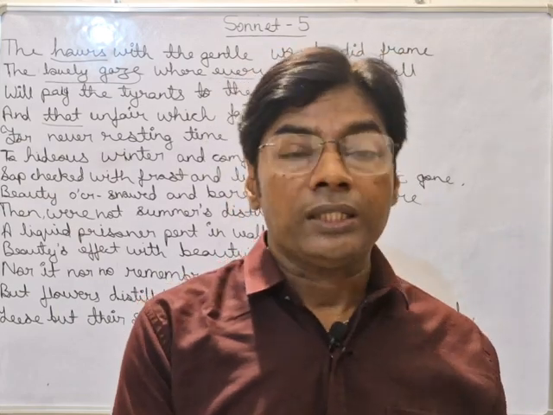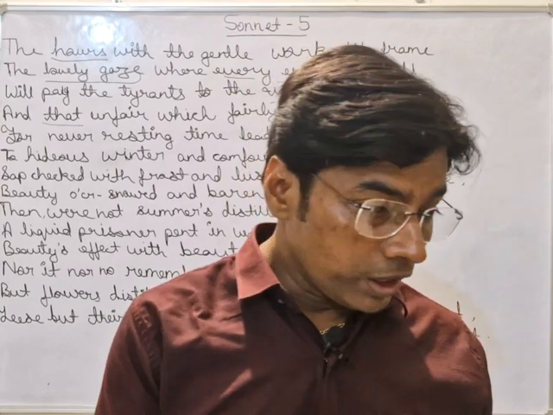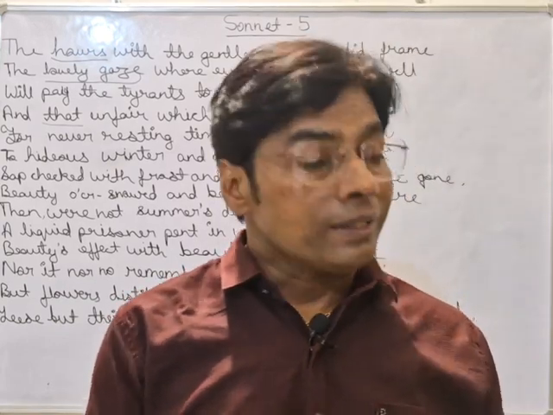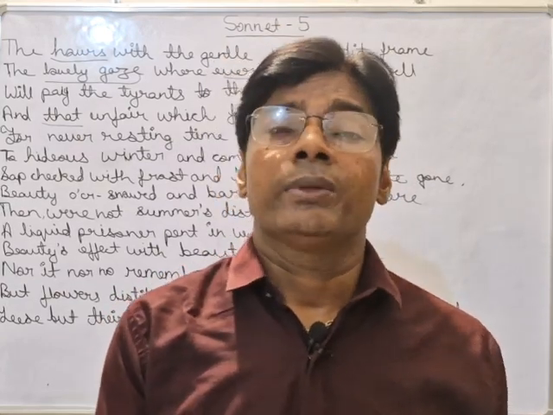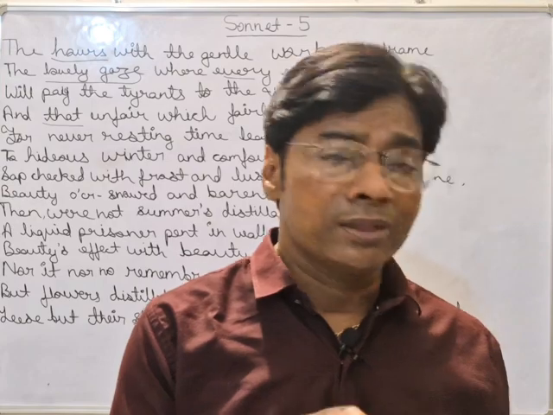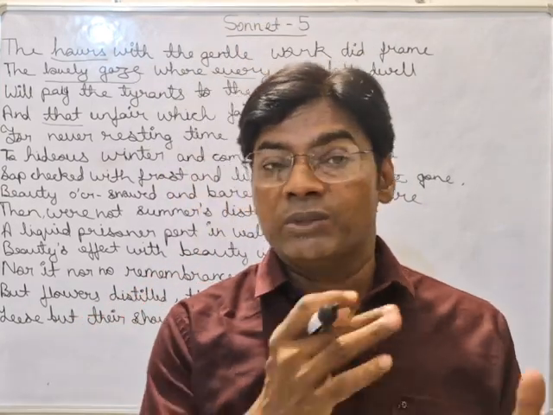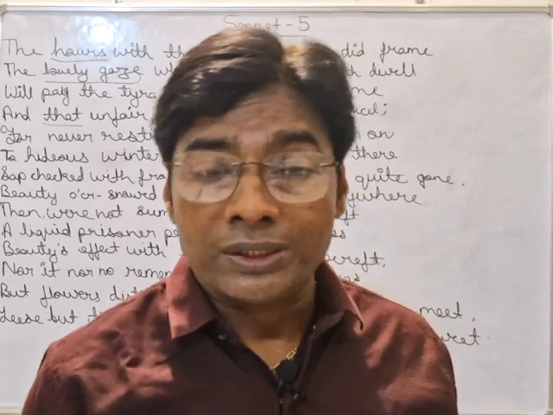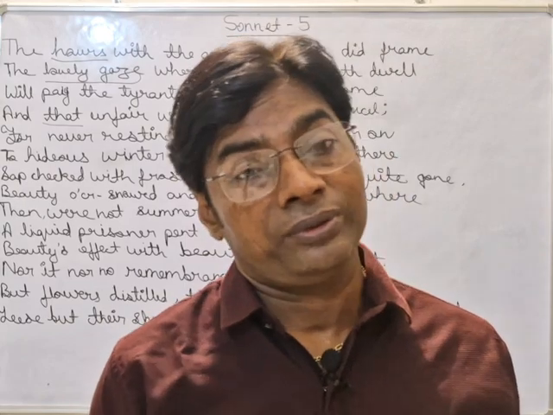The youth age is compared or associated with the summer. Why? Because summer is a pleasant, beautiful season for the English. Summer stands for beauty. Summer stands for youth. Summer stands for loveliness. Summer stands for life.